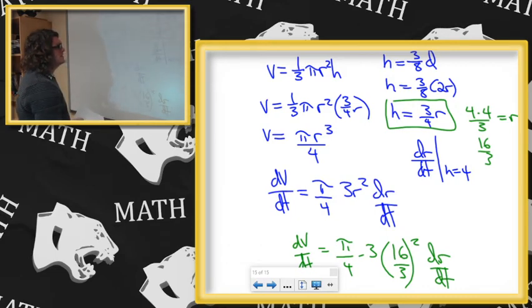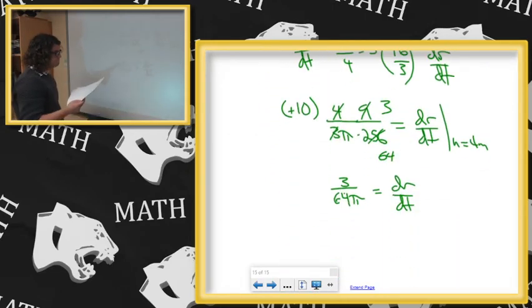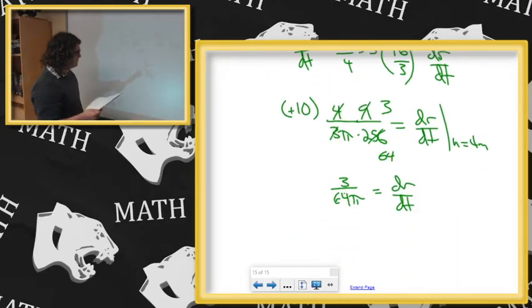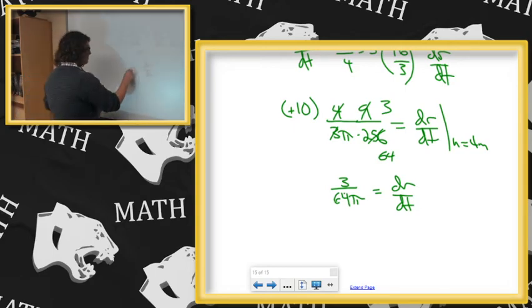16 over 3 squared. Yeah, I guess so. Seems okay, but the numbers are a little bit funny. I thought it would make most sense probably to list in centimeters, but this is in meters per minute.